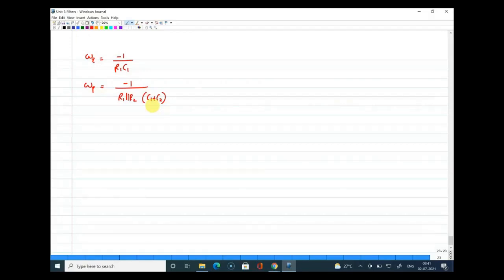But that will not give you the response of either a high pass or a low pass filter, right? So what we are exactly looking for is, if you want omega p greater than omega z, that means if you want the pole frequency to be larger, you can actually expect a high pass filter, right?